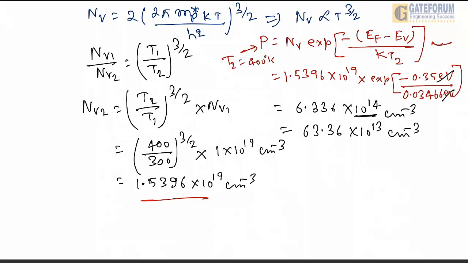So we got this hole concentration as P equal to 63.36 into 10 raised to 13 per centimeter cube.